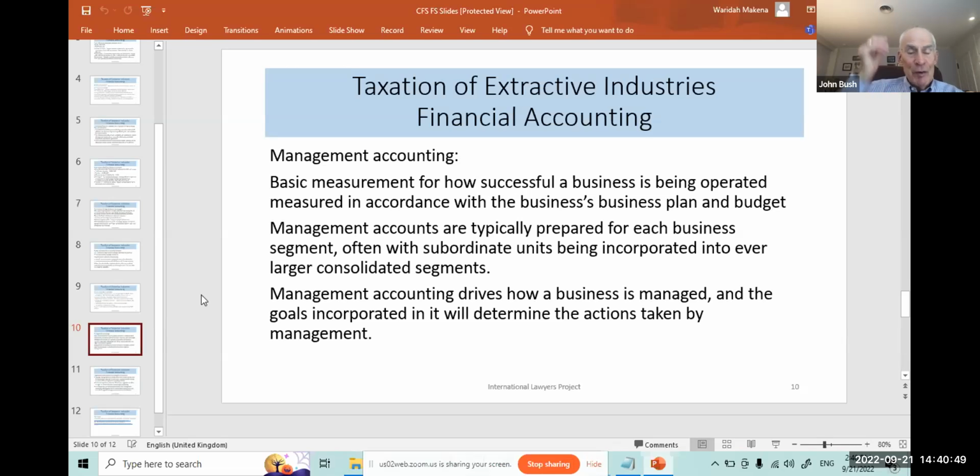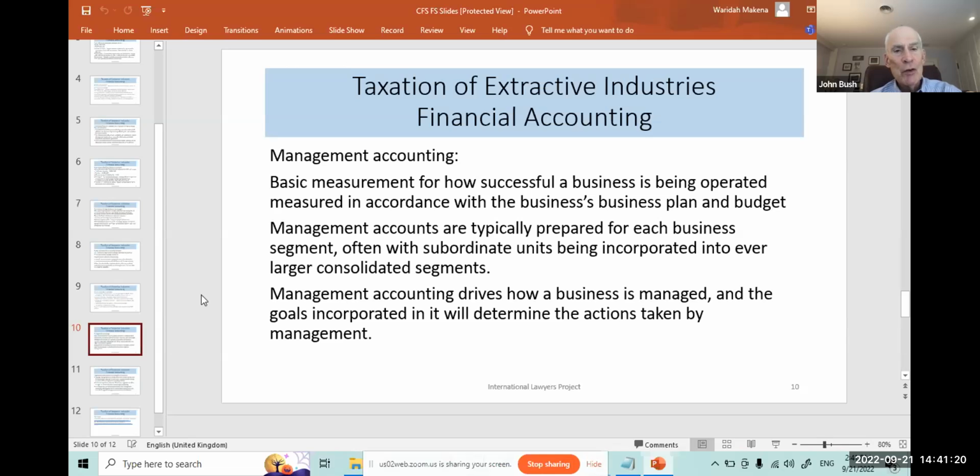To begin with, if you've worked inside a company, you know that management of a company drives corporate behavior. It absolutely is how the company is managed. In big companies, you cannot sit there and direct all the employees around the world. It's virtually impossible. But you can set out your goals, and they are articulated ultimately in management accounting.